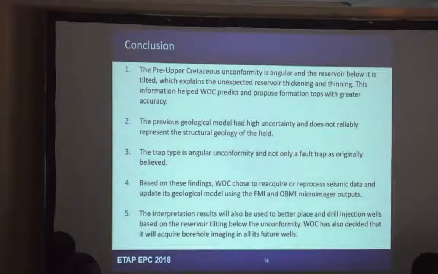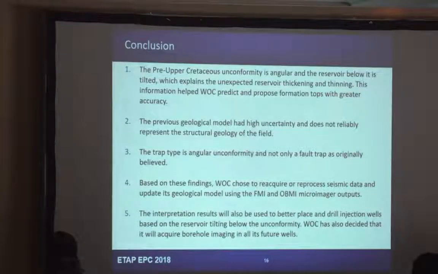As I said before, the previous geological model had a high uncertainty because the 3D seismic survey has poor quality due to the large scale of structure features and does not reliably represent the structural geology of the field. The trap type is angular conformity, as I said before, and not only fault trap as originally believed.